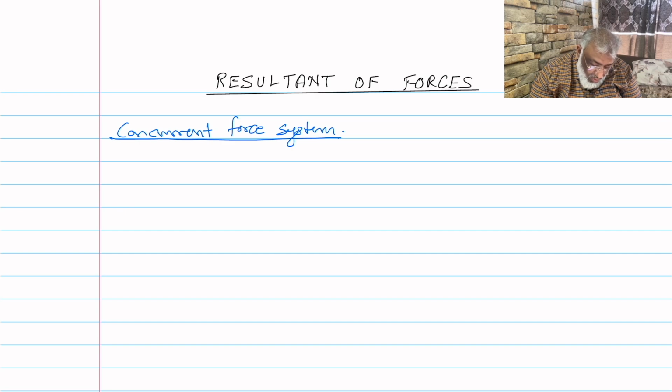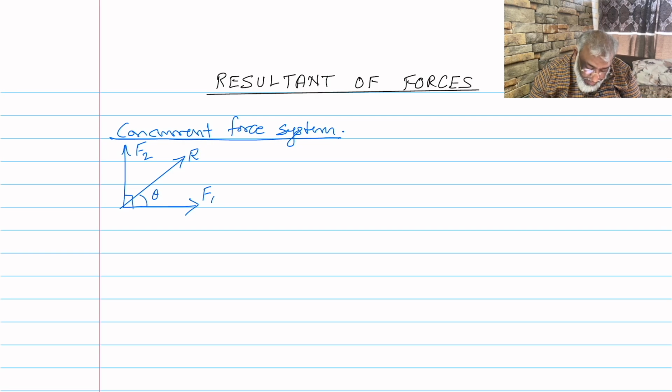Firstly, we must know how to resolve an inclined force into two components, F1 and F2. Okay, so this force R, say making an angle of theta with the horizontal. So how to resolve it into its two components F1 and F2, which are perpendicular to each other.